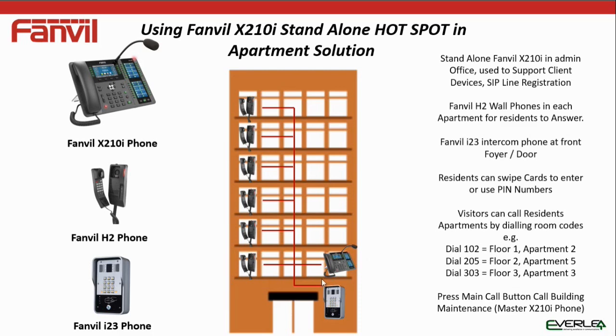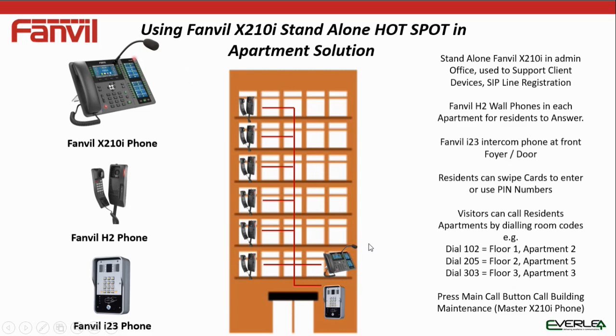So within each of these rooms we have a phone, and we can dial the phone extension number for whatever apartment it is. For example, on floor 1, apartment 1, we might go star 101, and that'll dial that phone. If it's apartment 2 on the first floor, we go 102, 103. If we want to dial level 4, apartment 1, so star 401, away it goes.